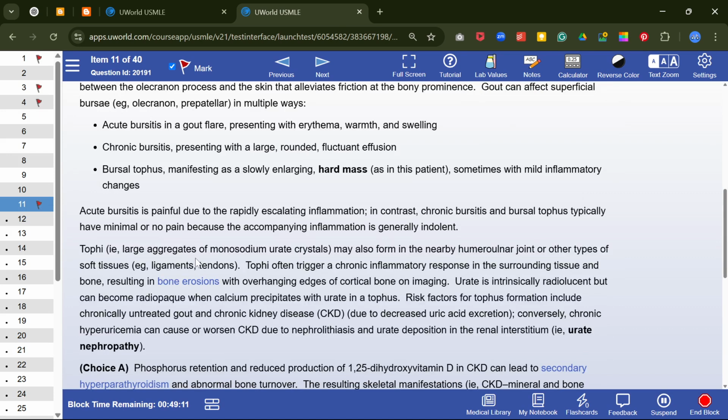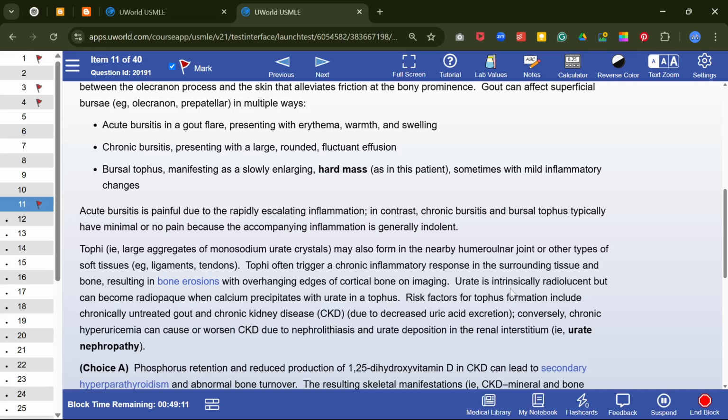Tophi are large aggregates of monosodium urate monohydrate crystals that may form in the nearby humeroulnar joint or other types of soft tissue, ligament, or joint. Tophi often trigger a chronic inflammatory response in the surrounding tissue and bone, resulting in bone erosion with overhanging edges of cortical bone on imaging.